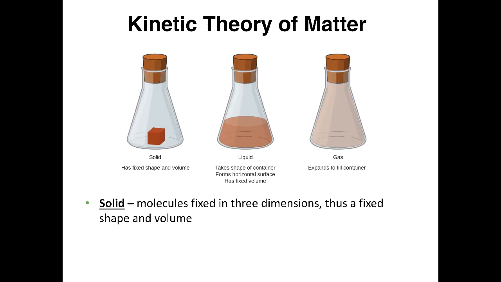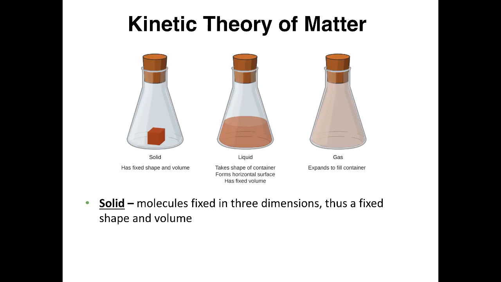The solid is composed of molecules that are fixed in 3 dimensions. That is, they're bonded together to each other in 3 dimensions. And because of that, a solid has a defined or fixed shape as well as a defined or fixed volume.